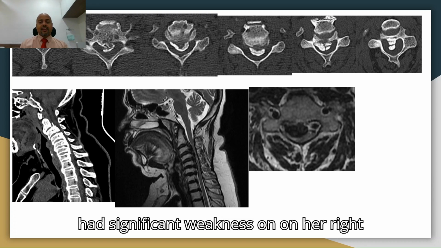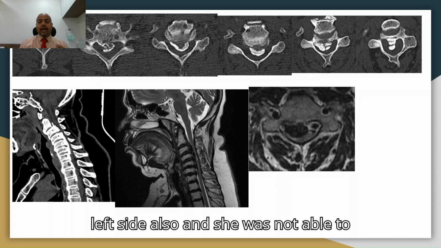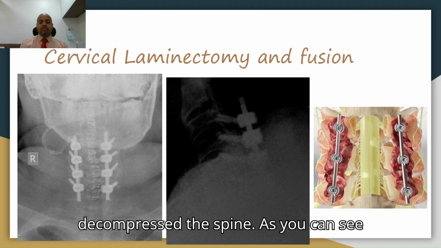Now, this patient had significant weakness on her right side, and she had some weakness on her left side also, and she was not able to walk properly. So what we did is we decompressed the spine.